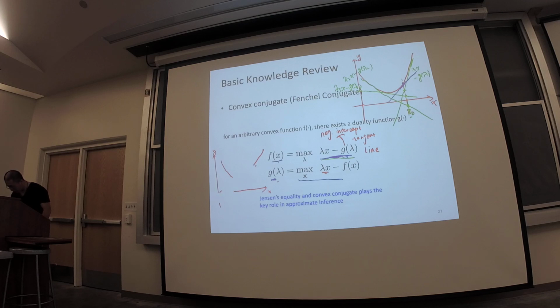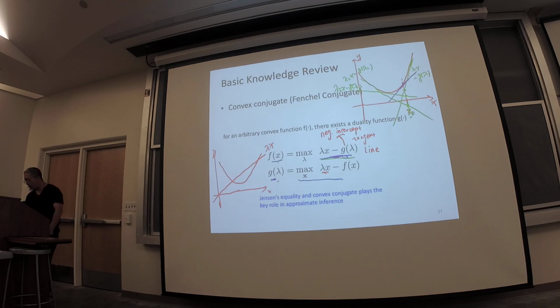It's too bad. Sorry for this. This function curve. Let me draw a particular line for a particular lambda. So this is lambda x, right?